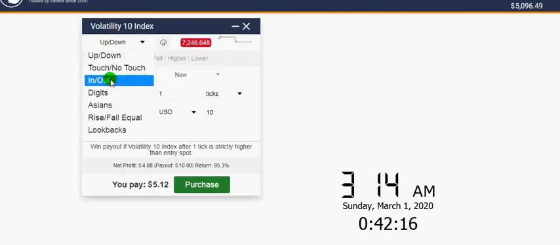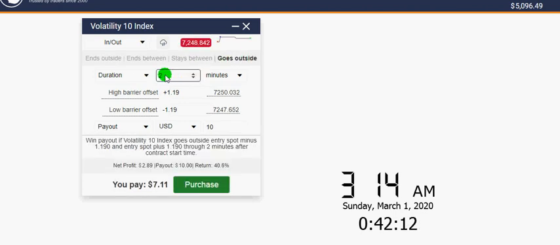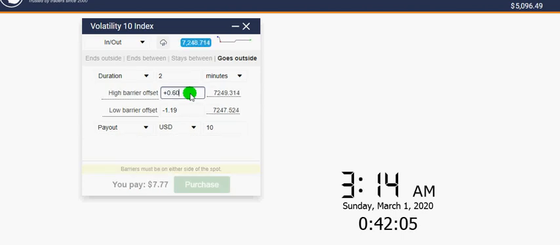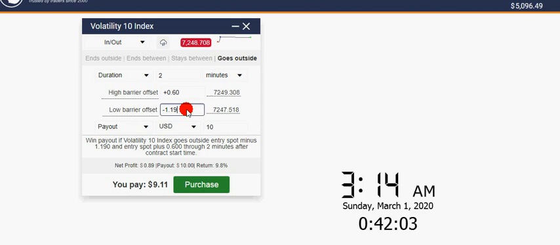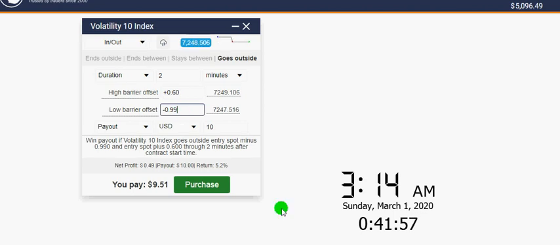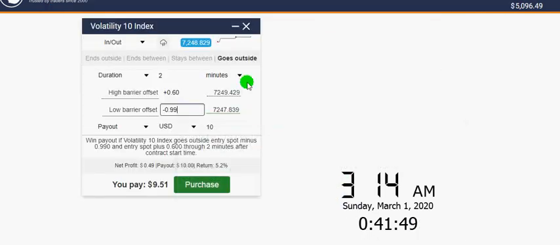So I'll change this to in and out, then I'll click on goes outside. The duration remains 2 minutes. Then we'll set this to 0.60, then we'll set this to minus 0.99, then plus 0.60.